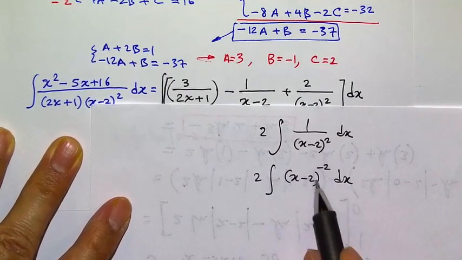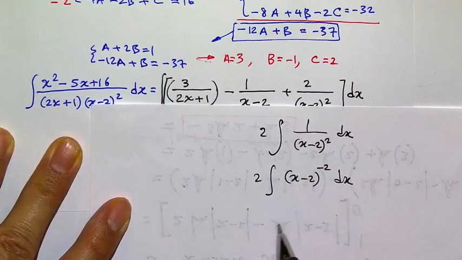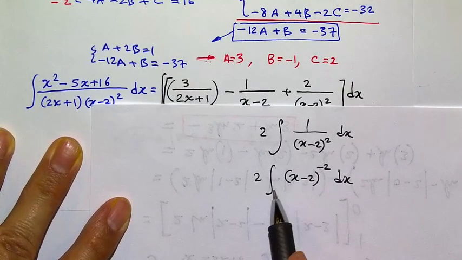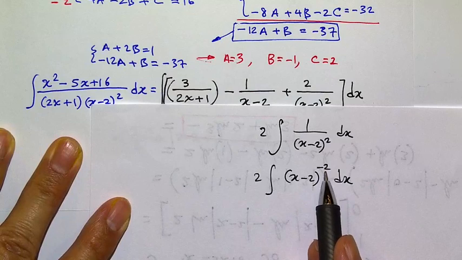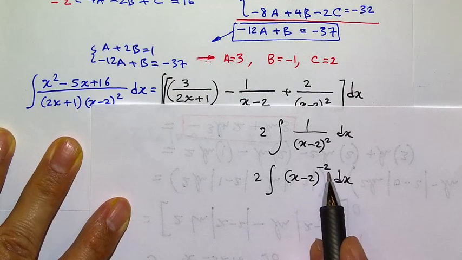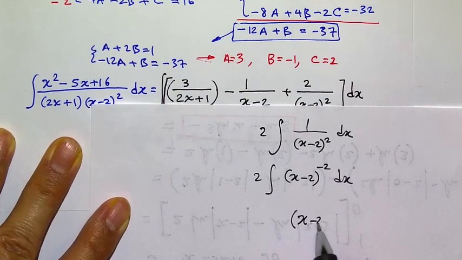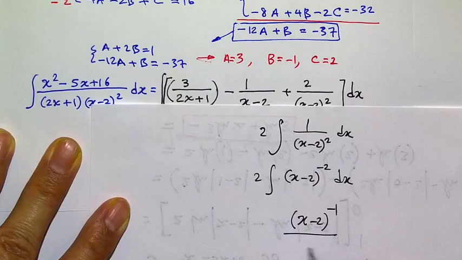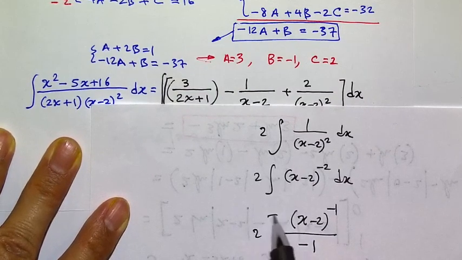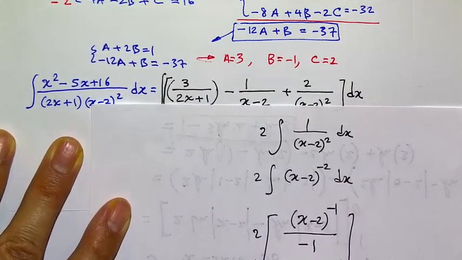And then we can integrate this by adding 1 to that power. We get minus 1, and then divide by the new power, minus 1, so we get (x minus 2) to the minus 1 power divided by minus 1. And of course, there's a 2 in front here, right?